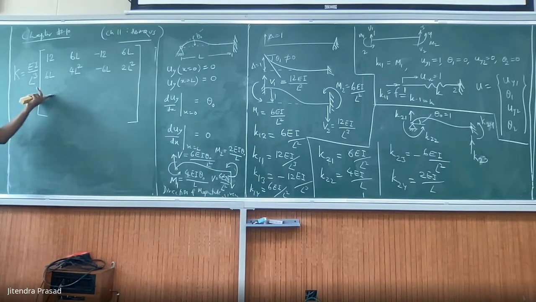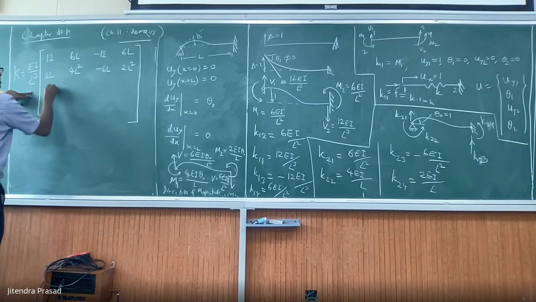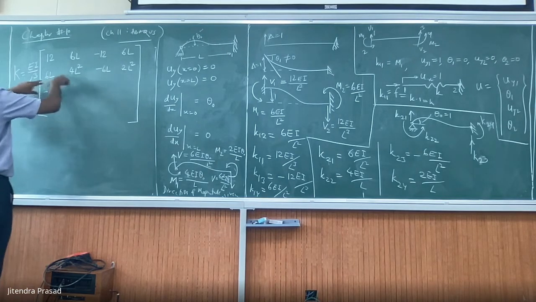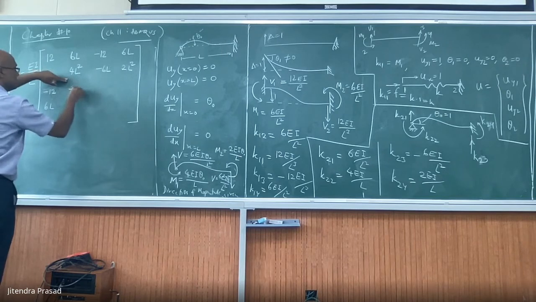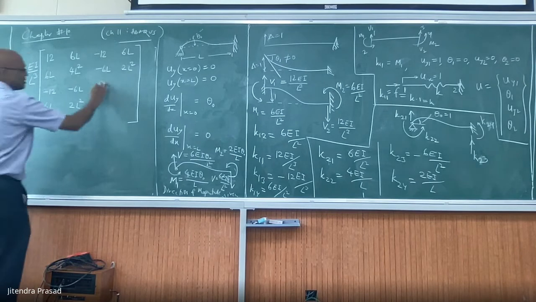We can extend it further because it is going to be symmetric, because this is an elasticity problem. This will be symmetric. So minus 12 here, 6L here. Then you have minus 6L, 2L square. Okay, what about here?